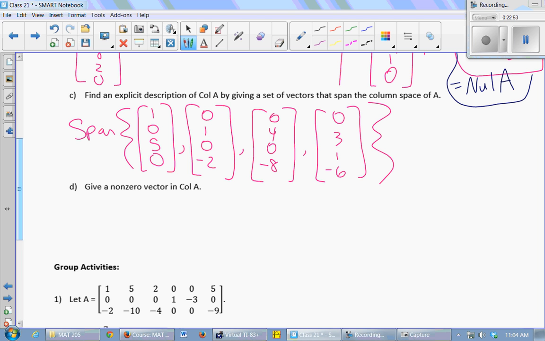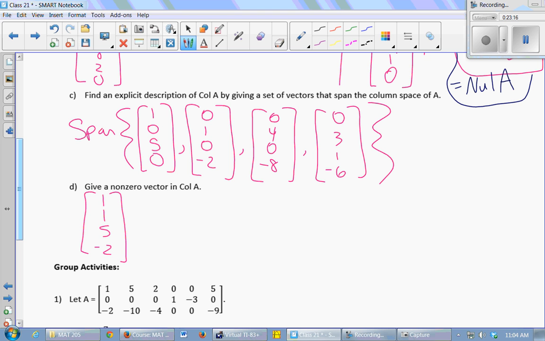If I want to find a non-zero vector in the column space of A, (1, 1, 5, -2). How'd you get that? Added the first two vectors. So take a weight of 1 on the first two vectors and 0 on the second two. Add them all up. (1, 1, 5, -2).